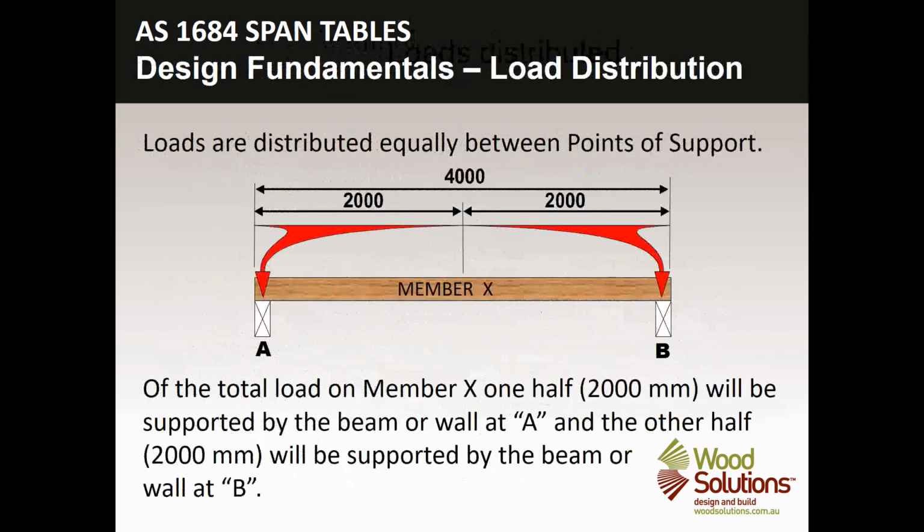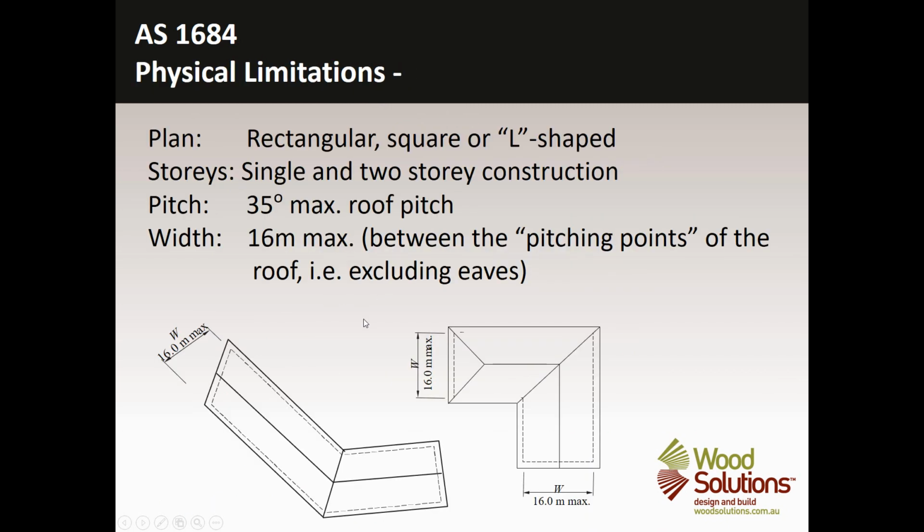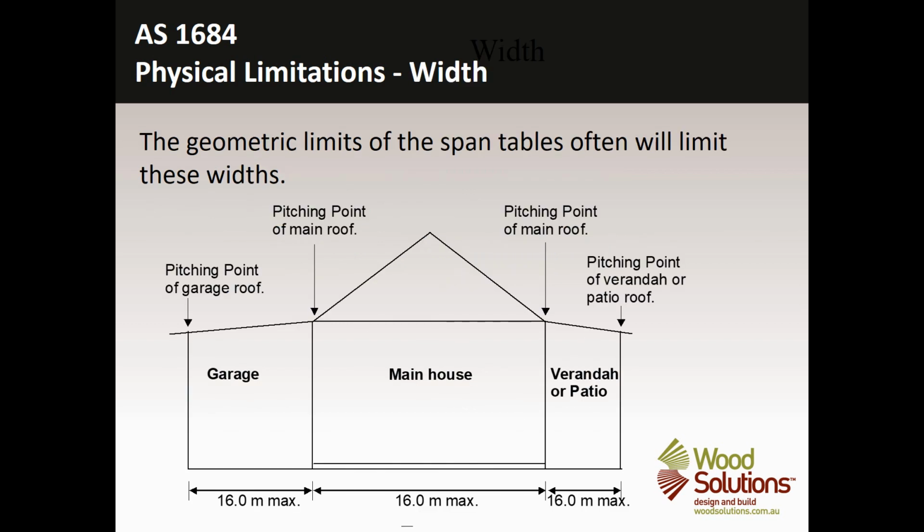Okay. So we covered timber framing, the extents of the timber framing code, all of our terminology. So ridge, batten, hanging beams, ceiling battens, first floor wall frames, external cladding, ceiling, rafter, roofing, etc. We went through the limitations of the timber framing code.